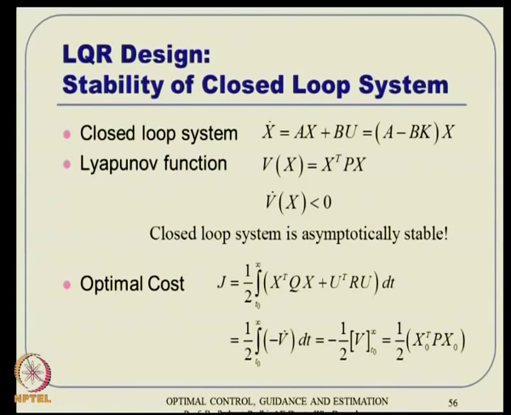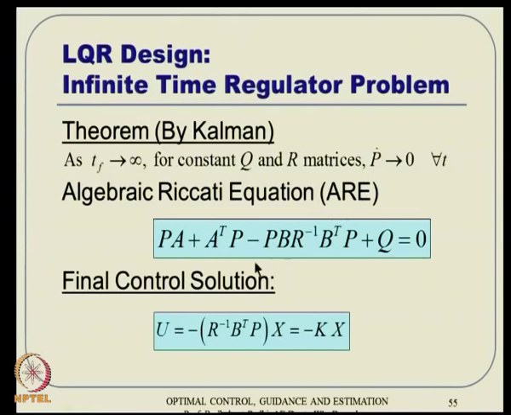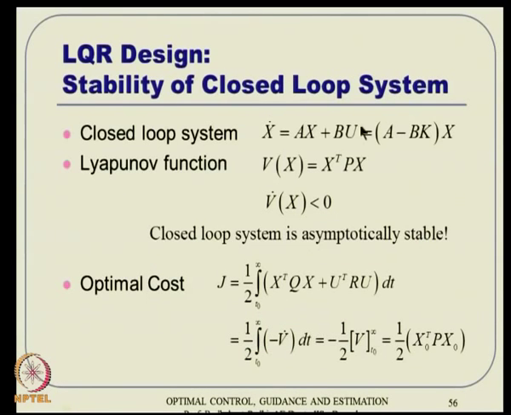Then we also analyzed the stability of the closed loop behavior. So, we noticed that the closed loop can be written something like this, and selected a Lyapunov function something like x transpose P x, and P happens to be, remember this is a nonlinear equation, it can have multiple solutions also, but we are interested in that particular solution which is positive definite actually. So, once you take that equation and put it here, this becomes a positive definite function, and all that was necessary is to show that V dot of x is negative definite, and we are able to show that.